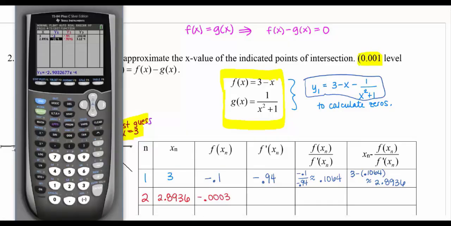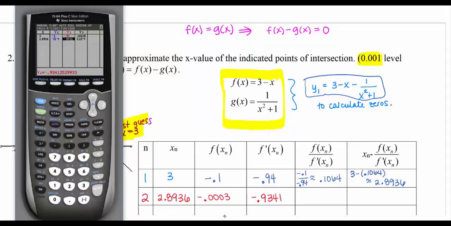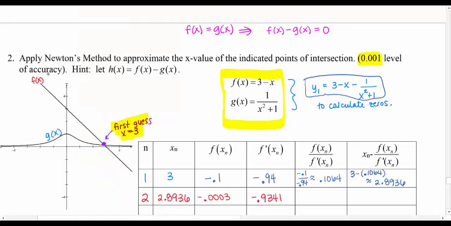And then my derivative value is the red, so that will be negative 0.9341. And so this ratio turns out to be real small as well. It's 0.0003.